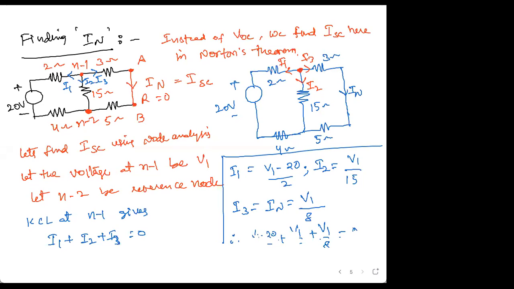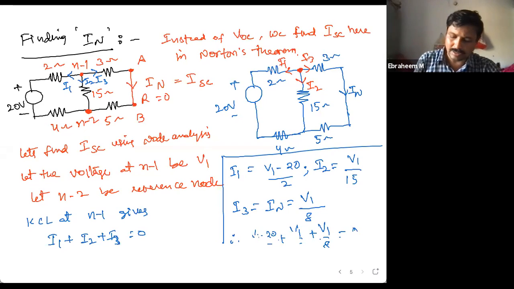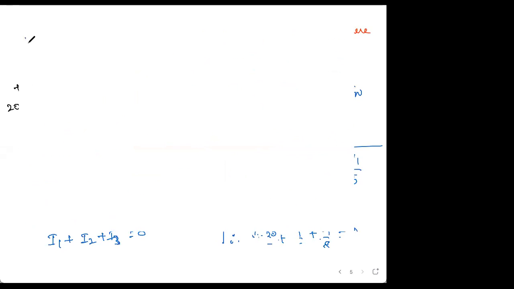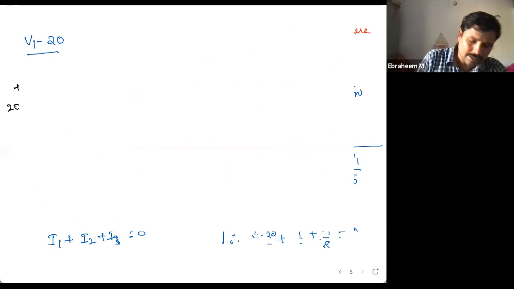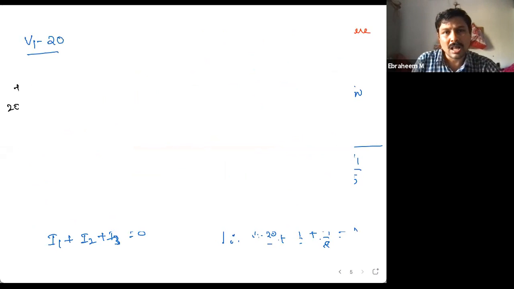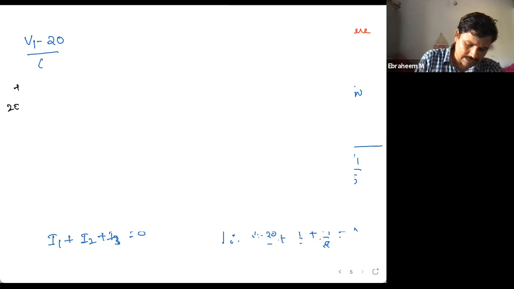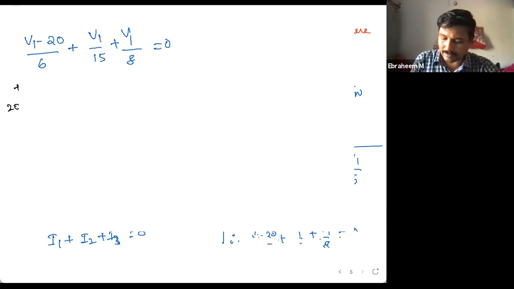Sir, equations are not clear. Anyhow I will write it again in the next slide. So V1 minus 20 by how much is it? Not 3, it is V1 minus 20 by 2 plus 4, 6, right? 2 plus 6, plus V1 by 15 plus V1 by 8 is equal to 0.